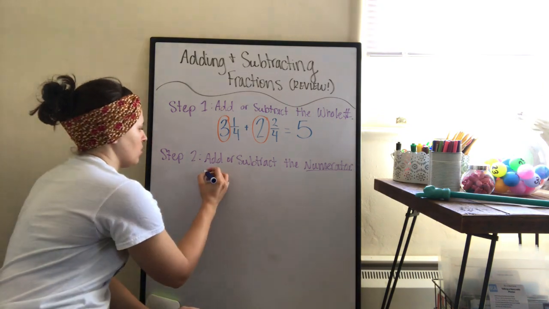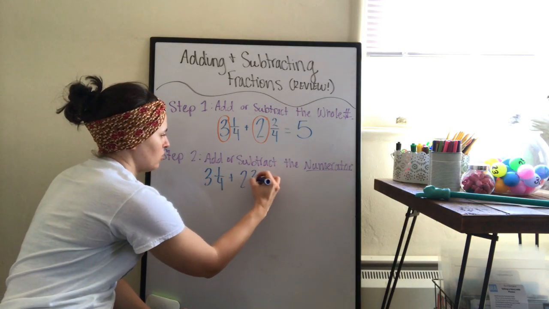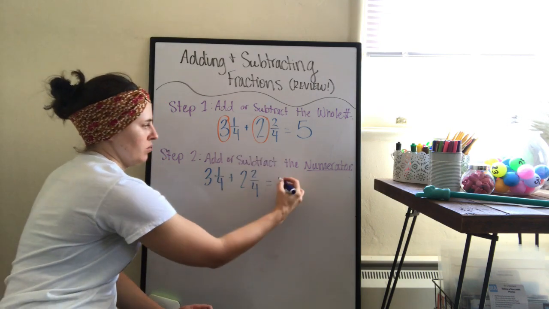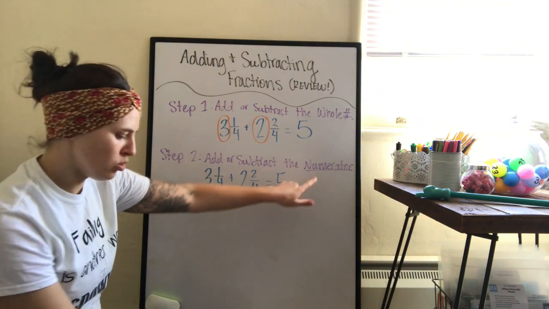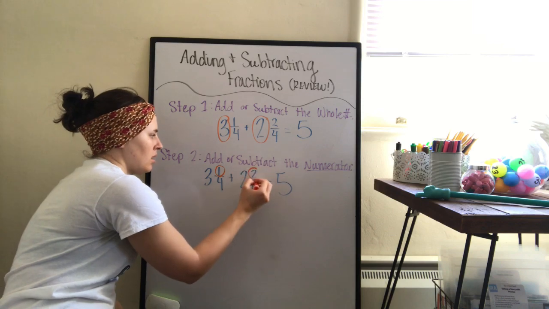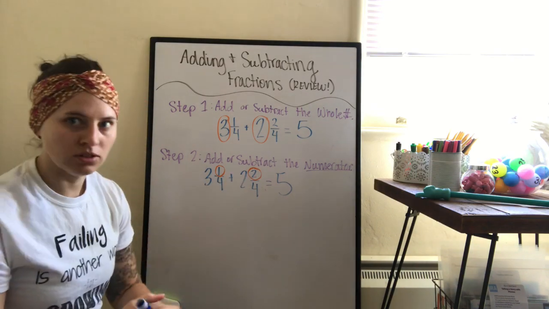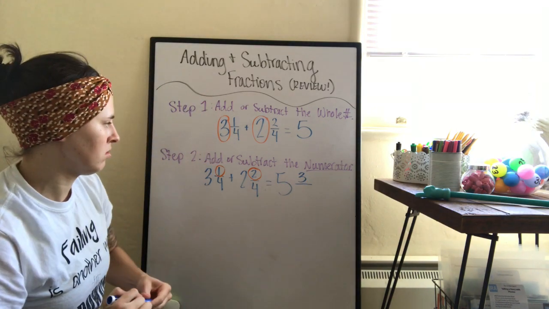So for example, we have 3 1/4 plus 2 2/4. We already added the 3 and the 2. Now we have to add the numerators. The numerators are the numbers on top. So what is 1 plus 2? 3. That's the top of our fraction.